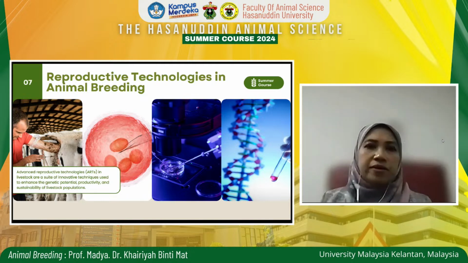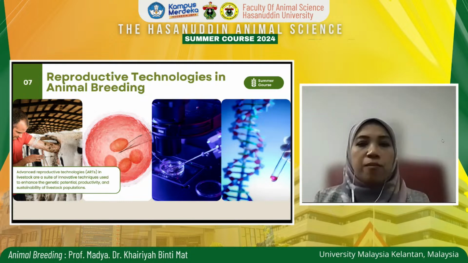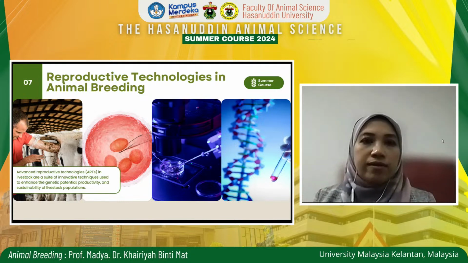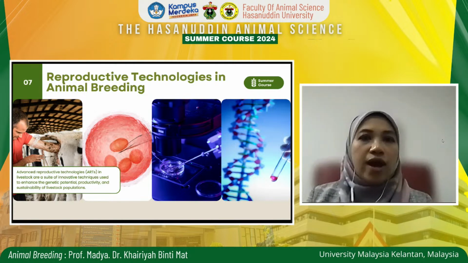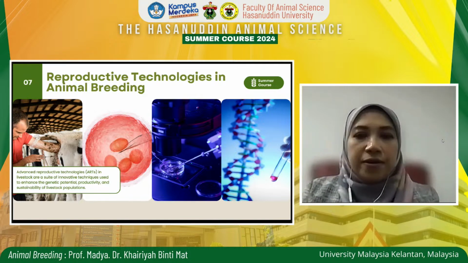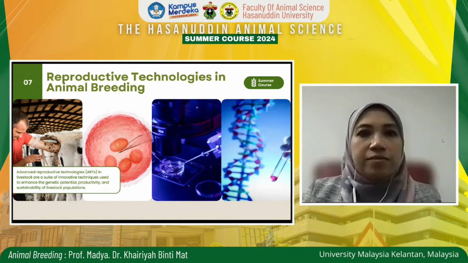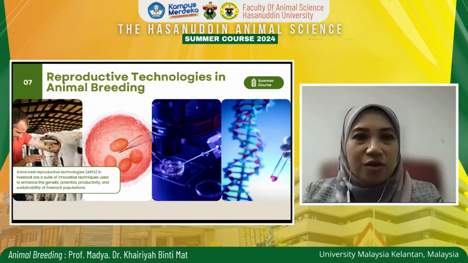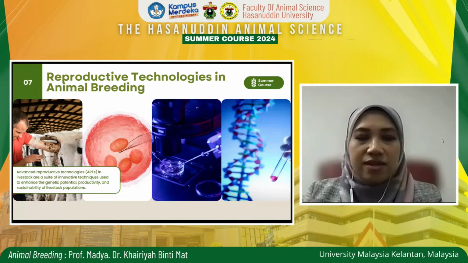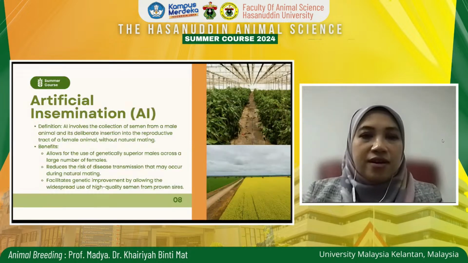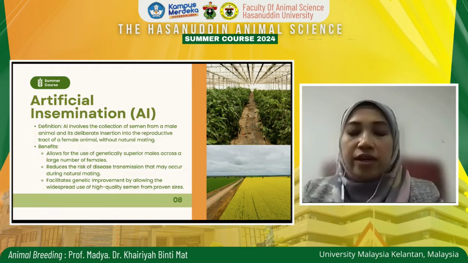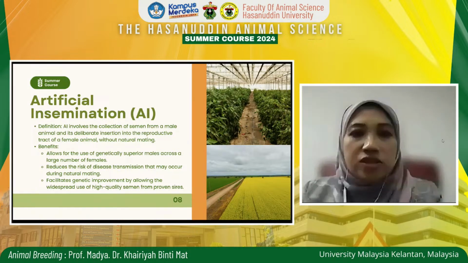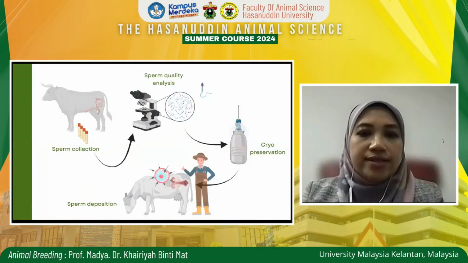our environment. With technology, we can combine reproductive technology in animal breeding to achieve the animal breeding goal. I believe you have already learned about reproductive technology from the previous topic, so I will just summarize the reproductive technology we can utilize to improve the efficiency of animal breeding. This includes artificial insemination, and this diagram illustrates how artificial insemination works.